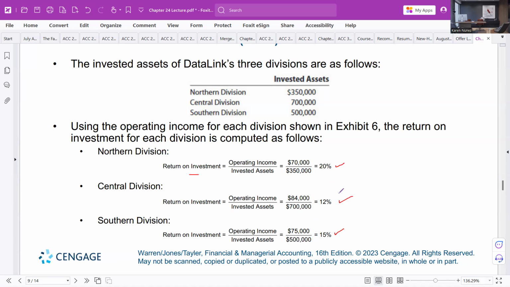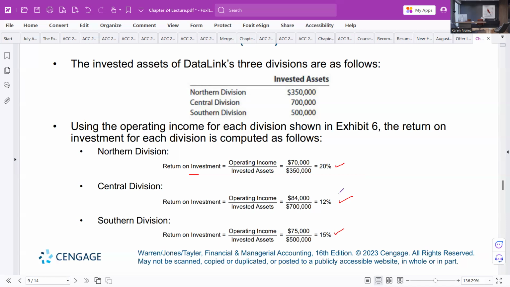And one of the good things about this ROI measure is that it is a relative measure. It's not an absolute dollar measure. Sometimes it's difficult to compare across divisions or across investment centers when you use absolute dollars, because the numbers can be skewed based on size. A larger division or a larger investment center probably will have a larger operating income, right? That doesn't necessarily mean that it's better. It could just mean that it's bigger.